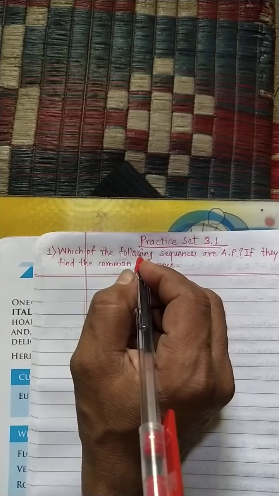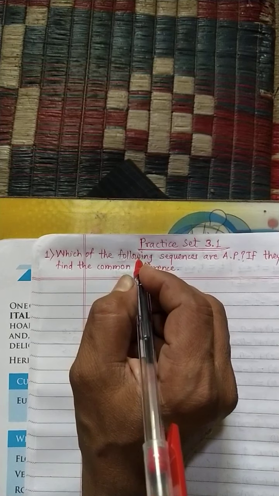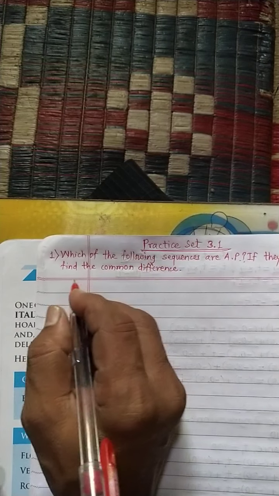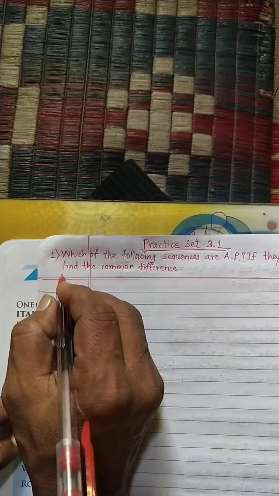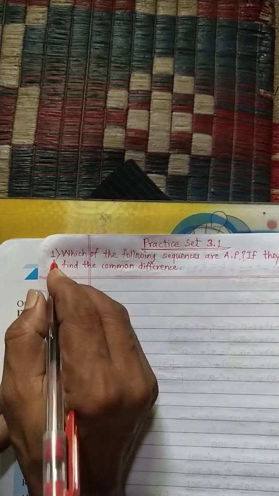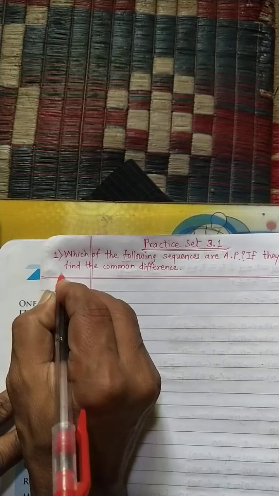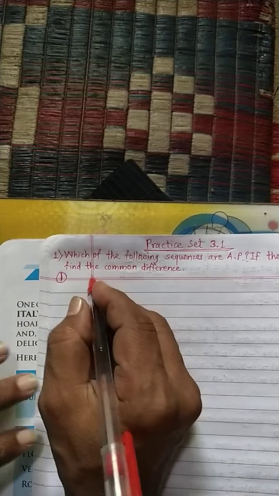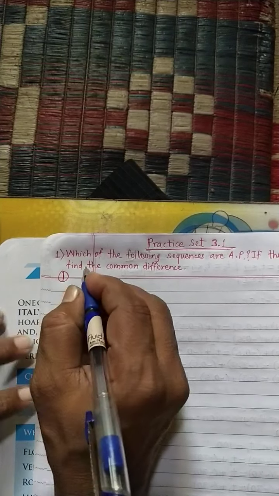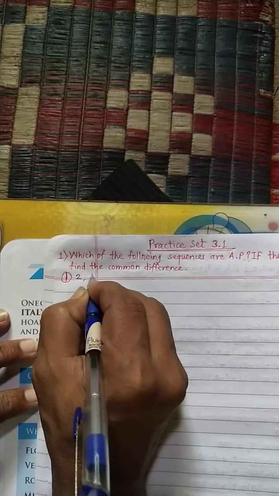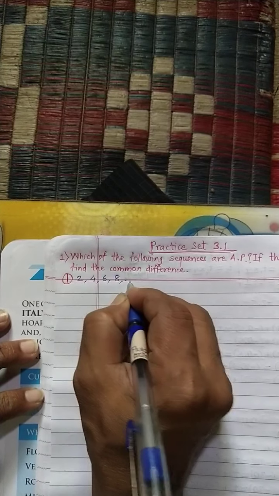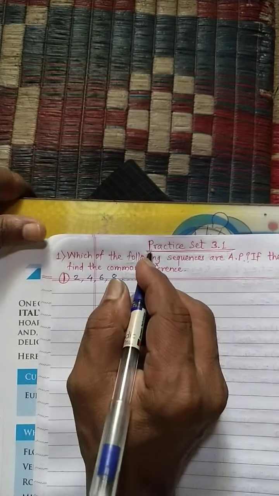Find the common difference here. So the first example of the first question is here: 2, 4, 6, 8, and so on.